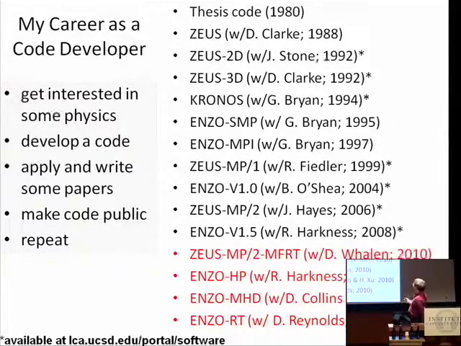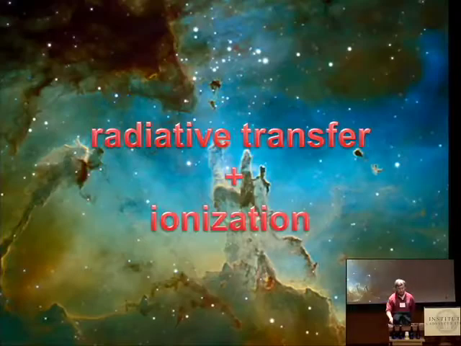Anyway, all of these codes with the asterisks are available from our website. We made a fresh release of ENZO just a few months ago, version 1.5, and coming up next year is a release of ENZO with hybrid parallelism, MHD, and radiative transfer. Dan Whalen and I will also make a release of ZEUS-MP 2 with the multi-frequency radiative transfer, some of which I'll be talking about today.